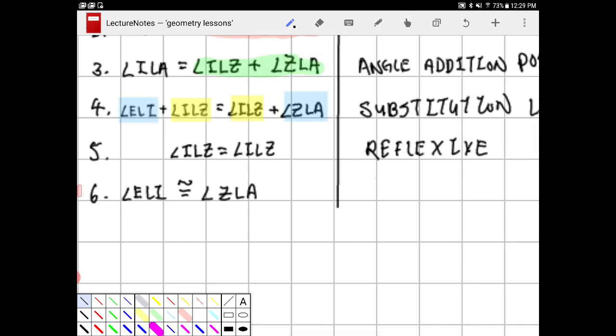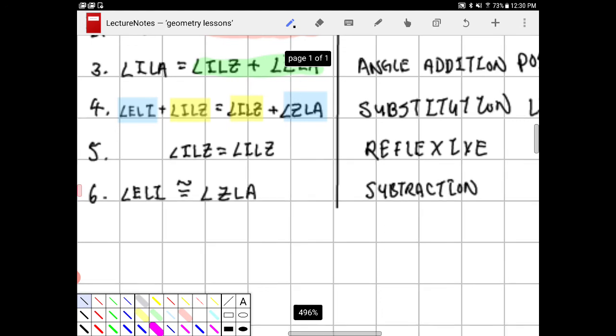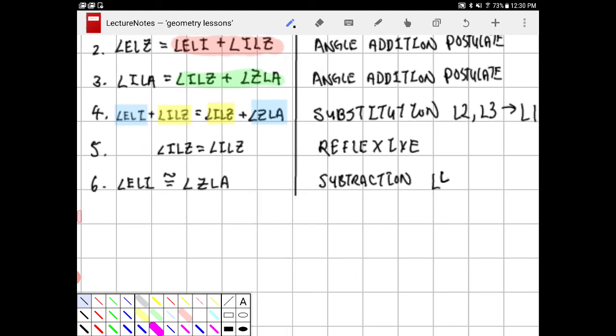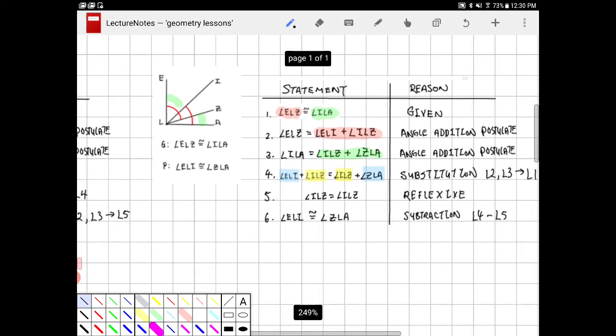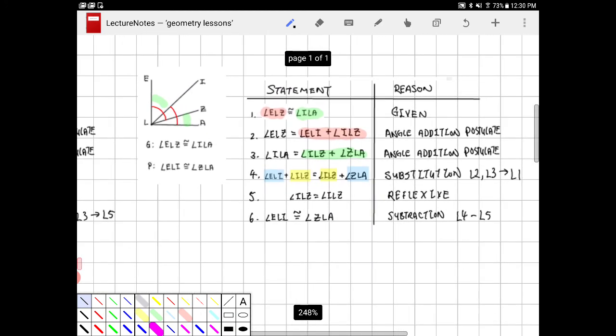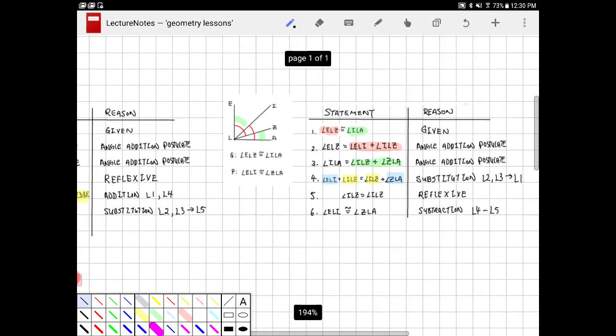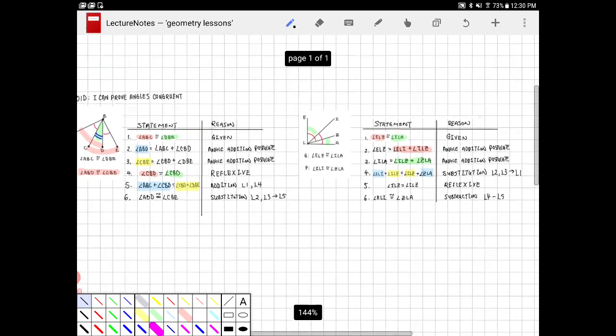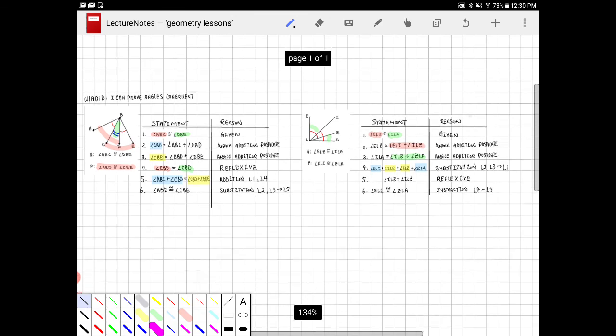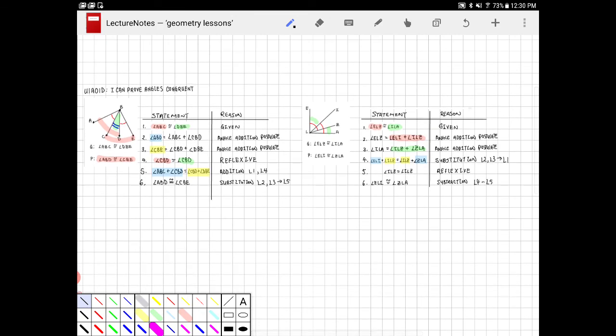So this is true because of, again, subtraction between lines 4 and 5. And there you go. One more time, I encourage you to rewatch this video and to compare and contrast the two examples demonstrated in this video to the two examples that were demonstrated in lesson U1A01C.